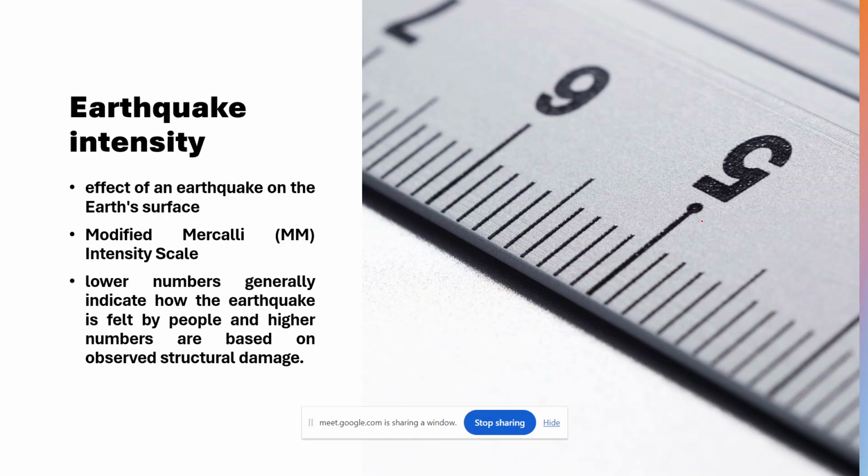Of course, it's not that one person feels it in one way and another person in another way. A general idea has been made, and people have come up with the modified Mercalli intensity scale. It is a 12-point scale in which the lower numbers indicate how the earthquake is felt, and higher numbers are based on the observed structural damage.